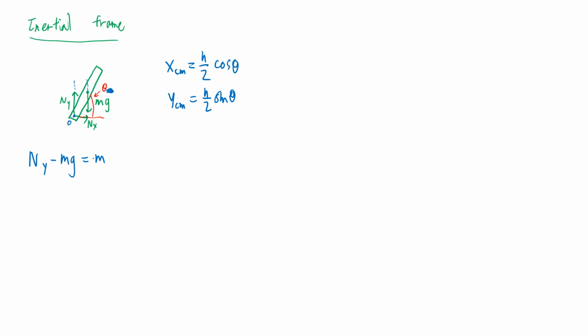So Ny minus mg would be equal to m times d square dt square of y_cm. The net vertical force is equal to m times the acceleration of the center of mass of the system, and that is m d square dt square of h divided by 2 sine theta.